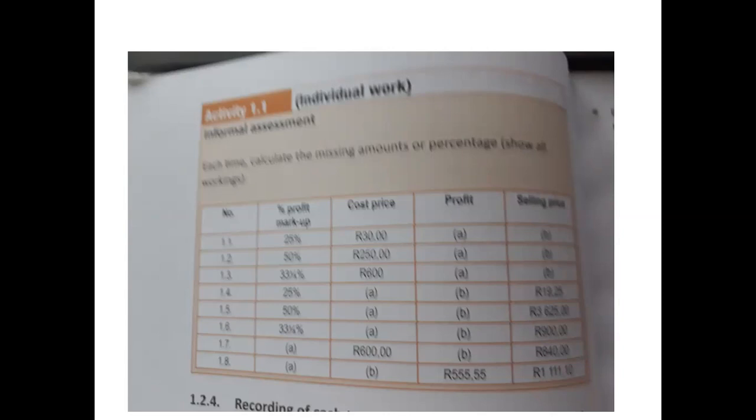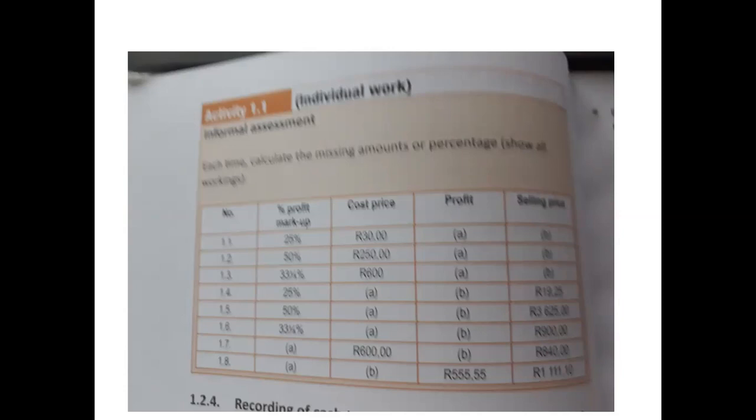You're going to take that selling price of 1,111 Rand 10 cents minus the profit amount of 555 Rand 55. That will give you an answer of 555 Rand and 55 cents. So that is your cost price.